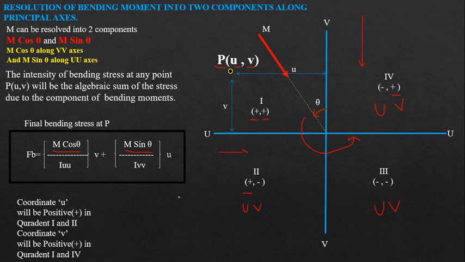As we all know, cos theta is positive in the first quadrant and the fourth quadrant, and sin theta is positive in the first quadrant and the second quadrant.